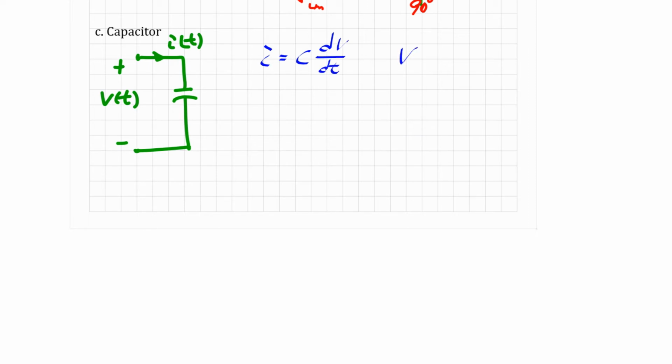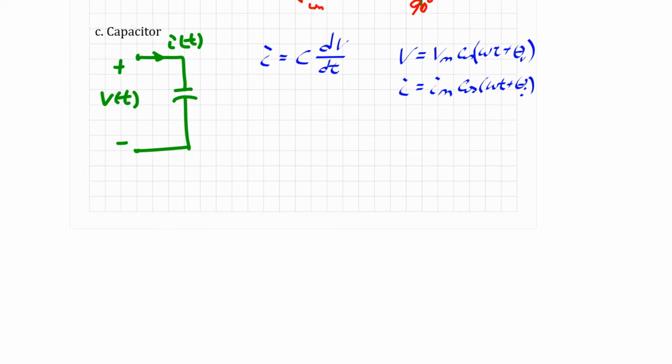Again, we know the V is equal to Vm cosine omega t plus theta V. Again, this is given. And I is equal to Im cosine omega t plus theta I.